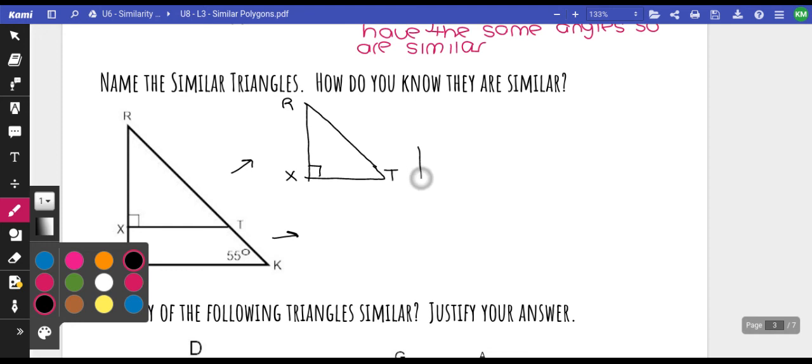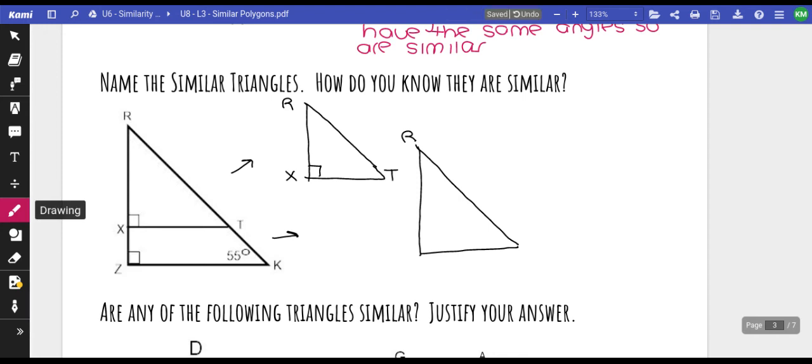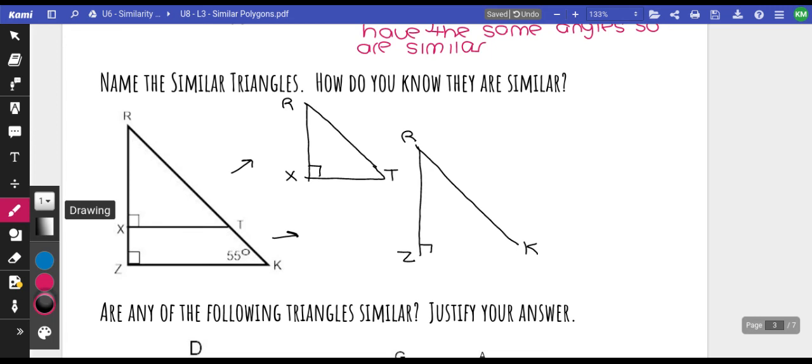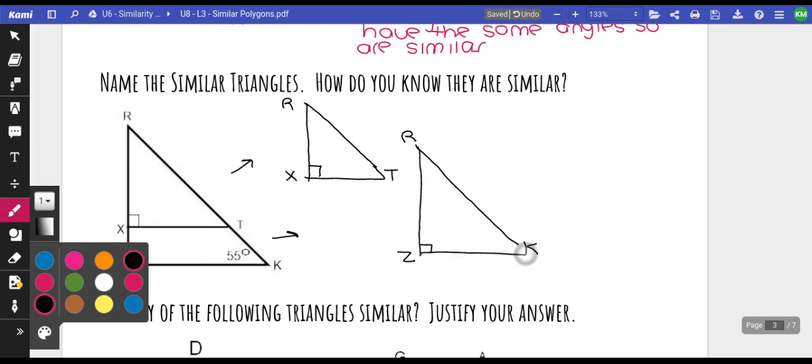And you would have the even bigger one, which still was the R, and this was a Z, and this was a K. Not my best drawing. Do you think these are similar? I'm hearing yes. What can you tell me that's for sure the same on them, River?